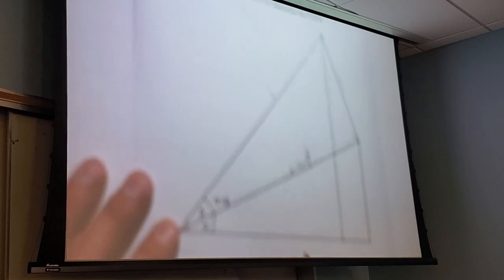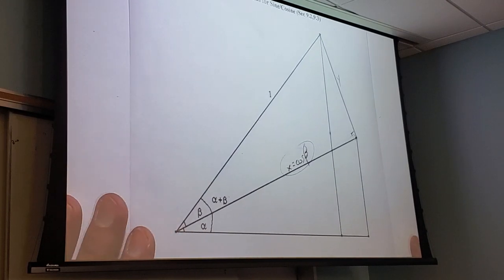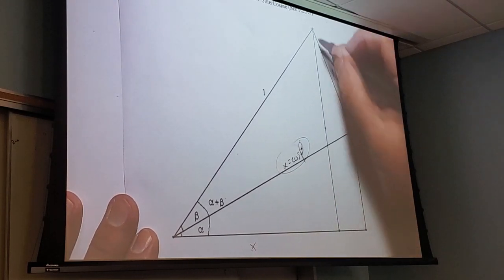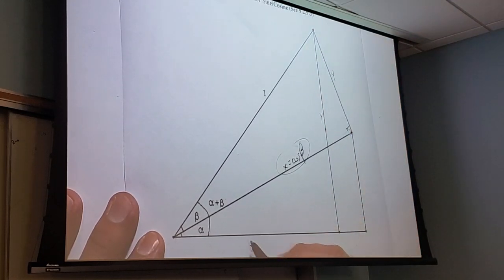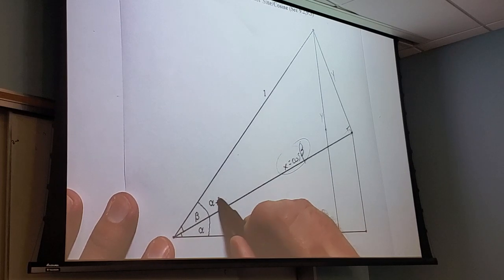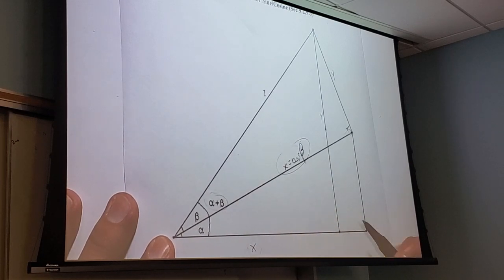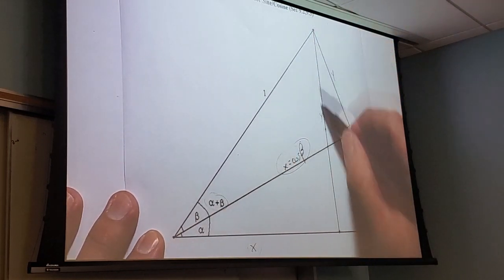Okay. Let's do the exact same thing we just did. So here's x. This will be y for it, this whole thing. So what is x going to be? What would cosine of alpha plus beta be in this big triangle here?